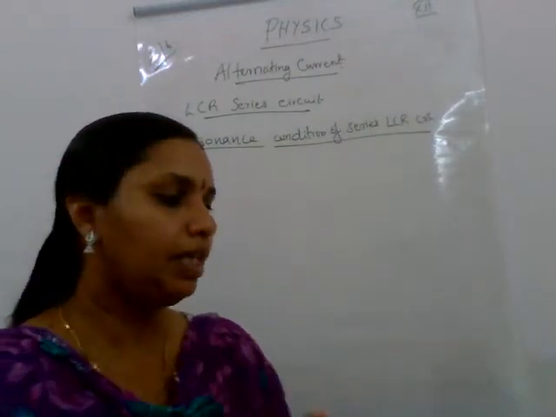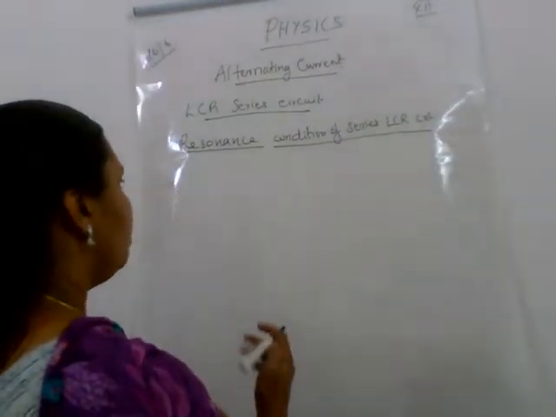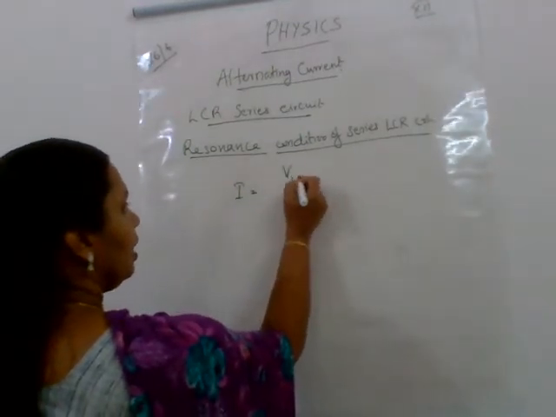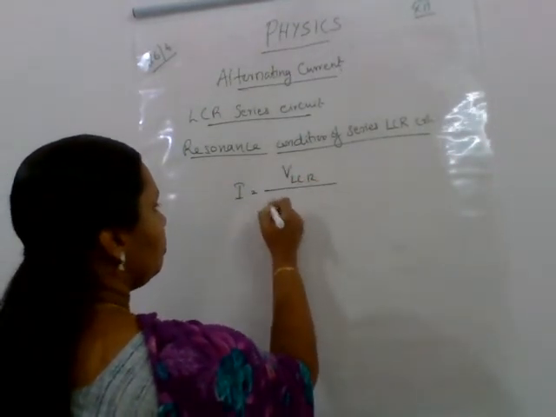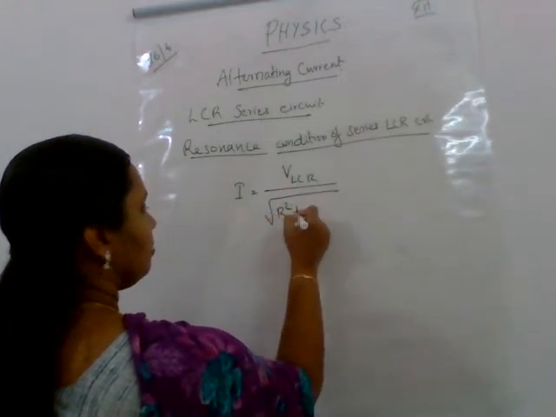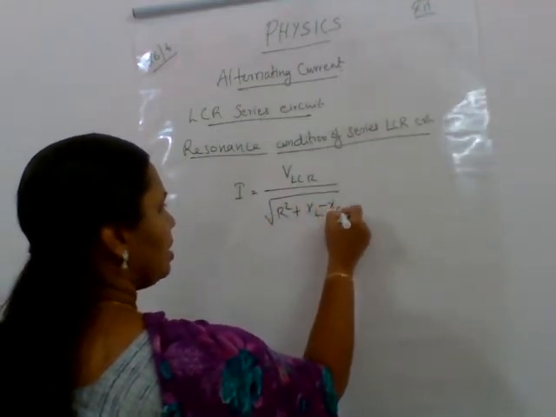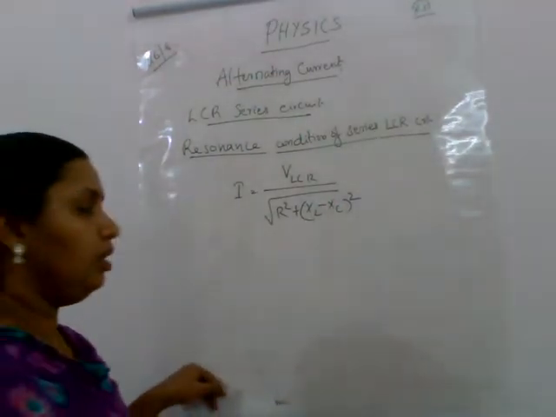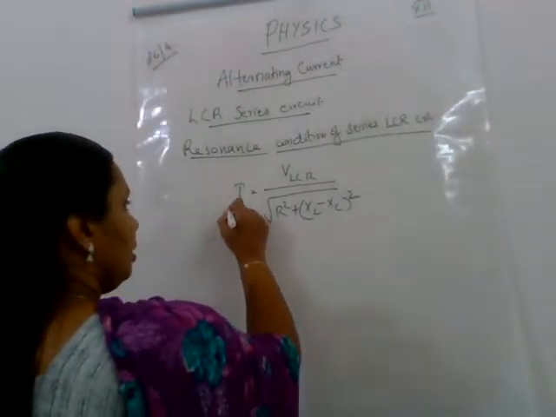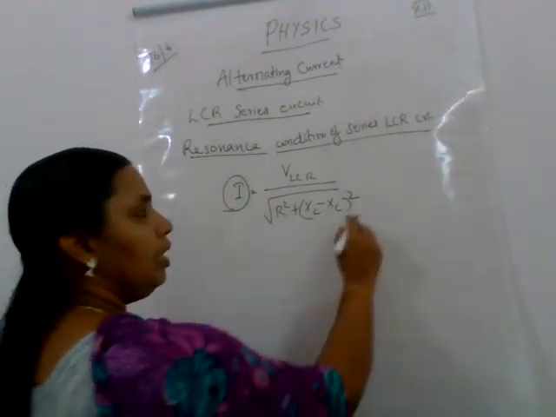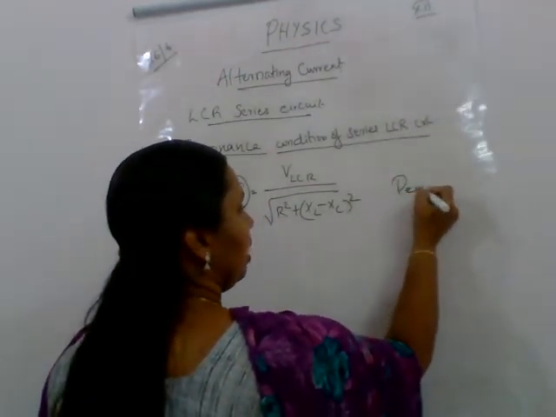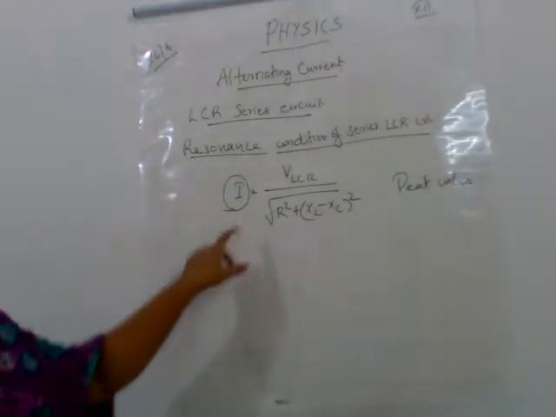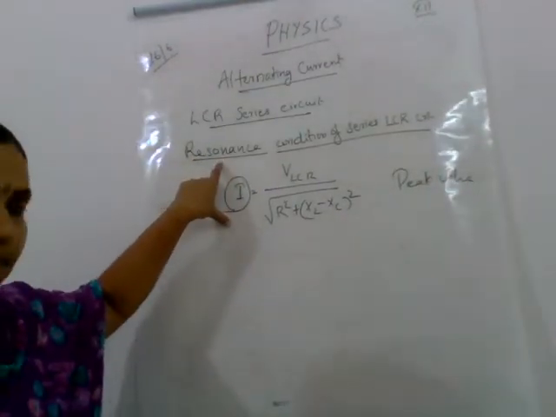So when will the current be maximum? We can go to the equation. We have I equal to VLCR divided by root of R square plus (XL minus XC) the whole square. This is the equation we have derived. When this current becomes maximum, equal to the peak value, that condition is the resonance condition.